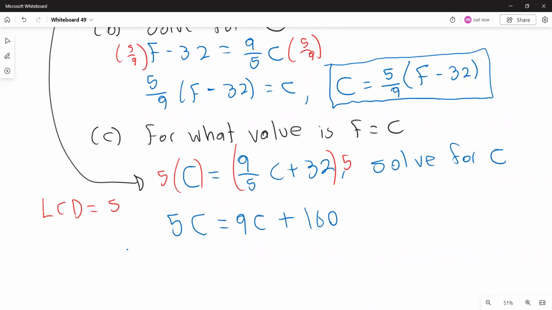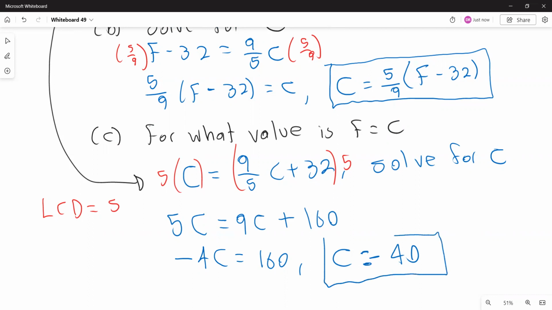Subtract 9C from both sides, and negative 4C is 160. Dividing by negative 4, C is negative 40. Okay, so that's going to be the answer. Both scales, Celsius and Fahrenheit, are equal at negative 40. So negative 40 Celsius degrees is equal to negative 40 Fahrenheit degrees.